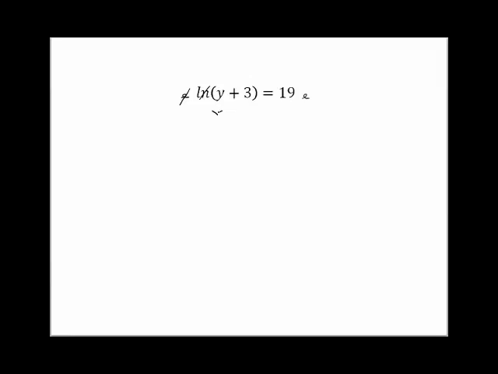And this becomes y plus 3. Actually, I'm multiplying e to both sides. So this becomes y plus 3 equals e to the 19th. So y then equals e to the 19th minus 3.